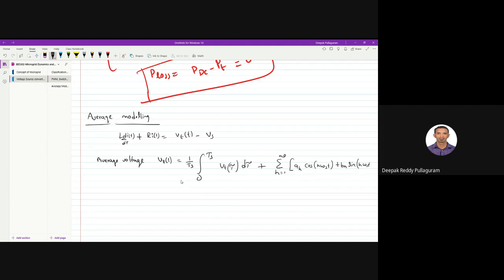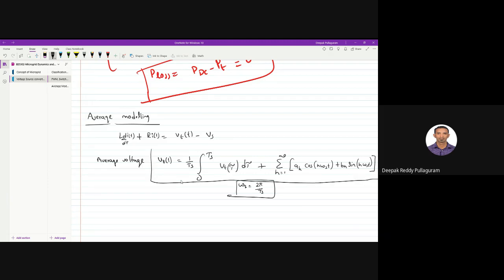What is omega_s? Omega_s is nothing but the switching frequency, 2 pi by T_s. So this is nothing but a simple average model.